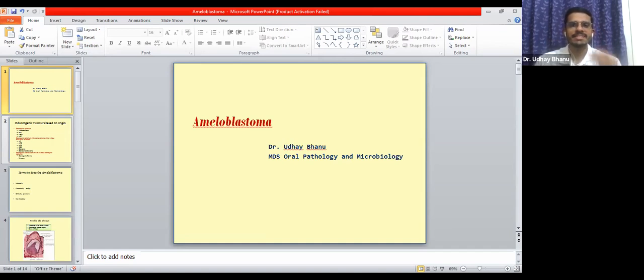On that note, let us have a brief idea about the different odontogenic tumors which are seen in the maxillofacial region. Now, the odontogenic tumors can be categorized based on their origin. So it can either be from odontogenic epithelium, odontogenic epithelium with ectomesenchyme, with or without hard tissue formation, and then the odontogenic ectomesenchyme.